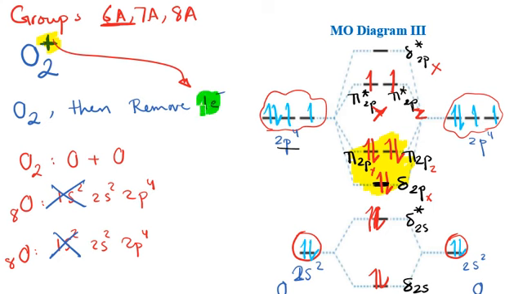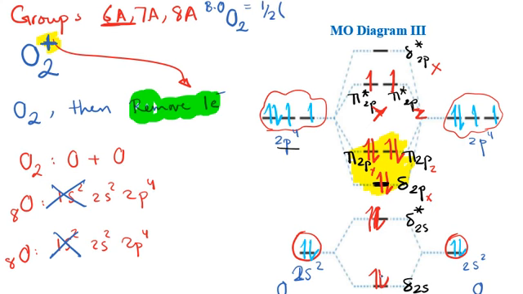Before I remove an electron, I'm asking you, let's work on this example by yourself. Pause the video and calculate the bond order for O2 and see what it would be. I'm sure after calculations you are going to end up with this one.